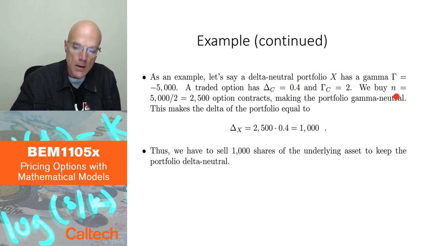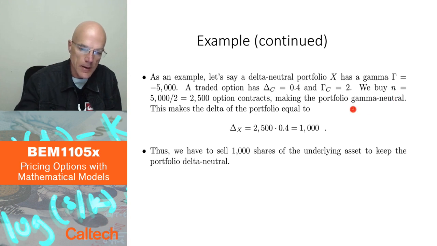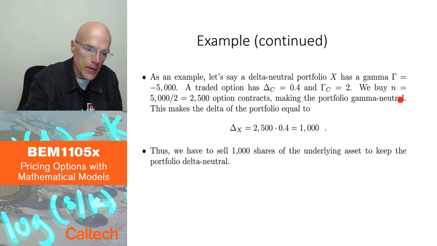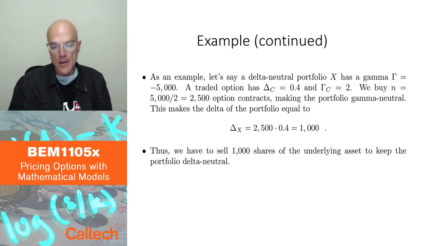Okay? Then by the formula from the previous slide, the number of units of that option that you have to buy or sell is minus 5,000 over 2, right? Original gamma over the gamma of the option. Minus and minus cancel, you get 2,500 option contracts that you have to buy.